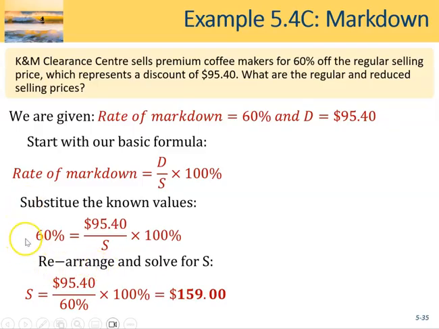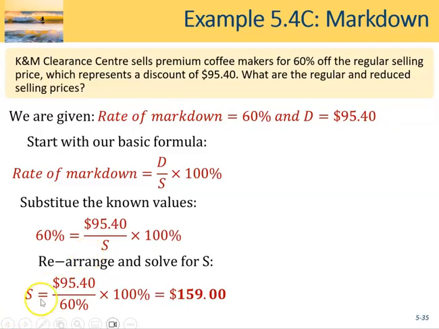S times 60% equals 95.40 times the 100%. But then we want to get rid of the 60. So again, we'd have S and 60% on the left-hand side and the 95.40 on the right-hand side. We want to get rid of the 60, so we divide both sides by the 60%.